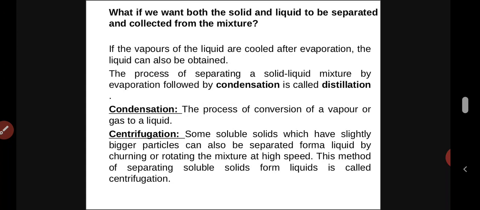Now hope you understand this much. So what if you want both the solid and liquid to be separated and collected from the mixture?